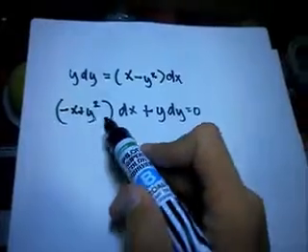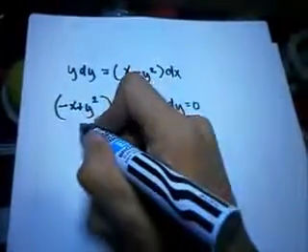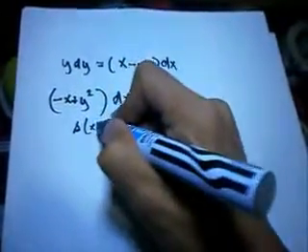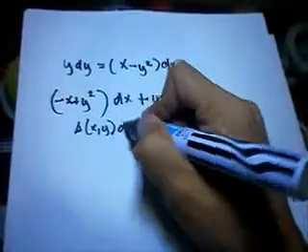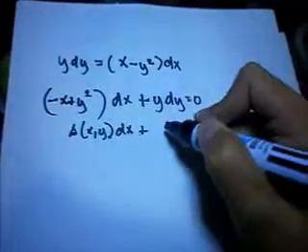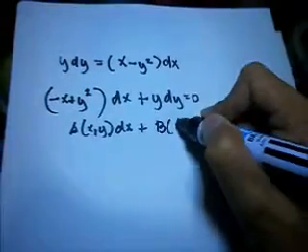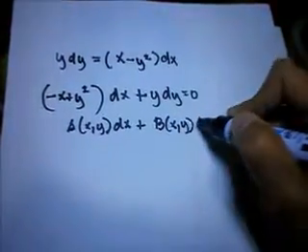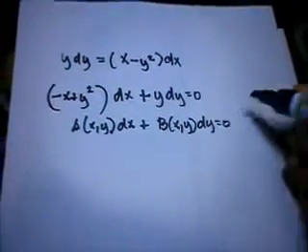This form is in the form A(x,y) dx plus B(x,y) dy equal to 0.